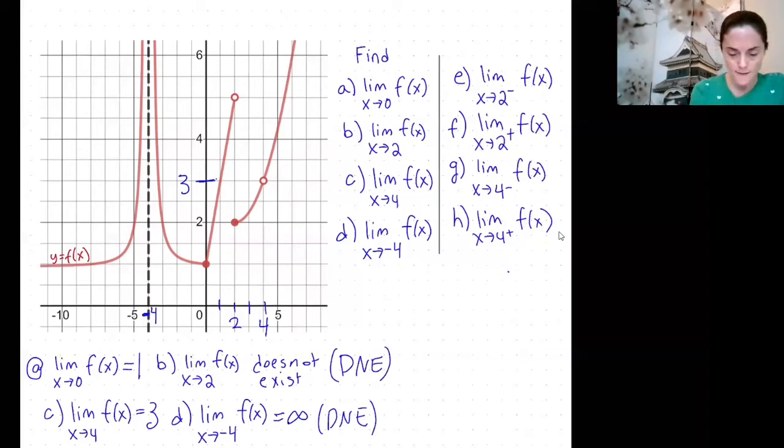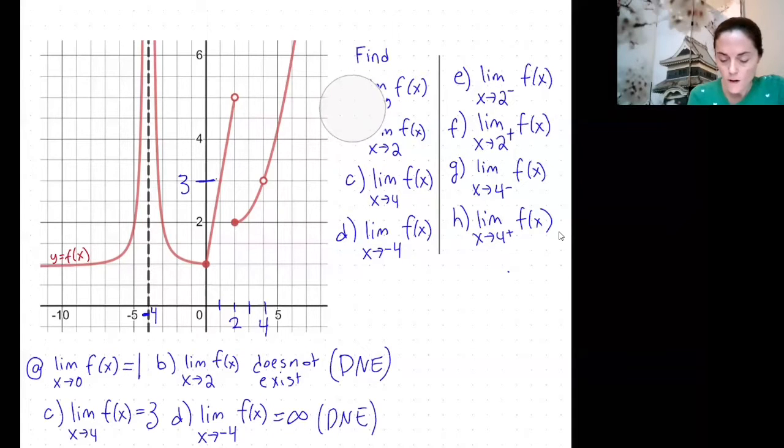Whereas here at 2, this limit does not exist for other reasons, right? That limit is not approaching infinity, but the limit does not exist. So these are 2 different ways you could answer this, but the limit does not exist at x equals -4 as a finite number.